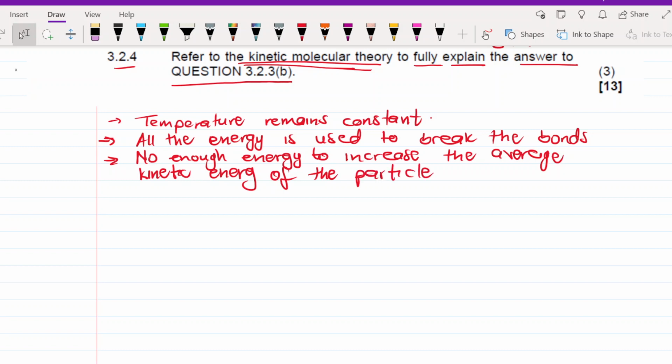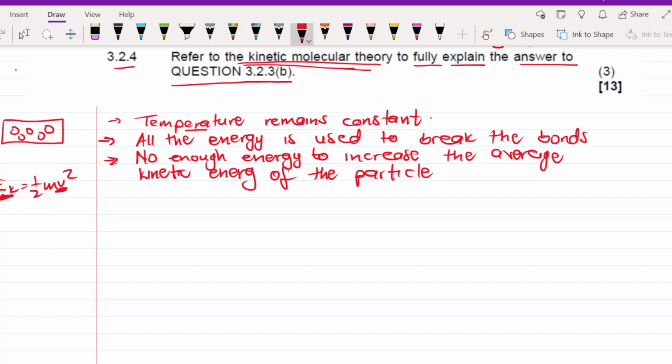Remember, the average kinetic energy has to do with the velocity or the motion. So that means that the reason those particles at that state are just constant is because the average kinetic energy is also constant.